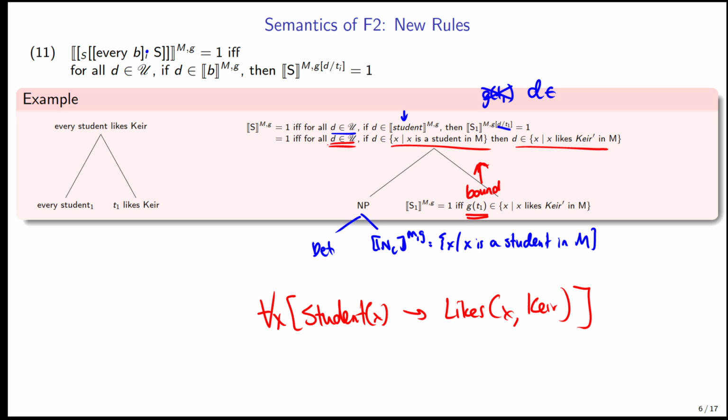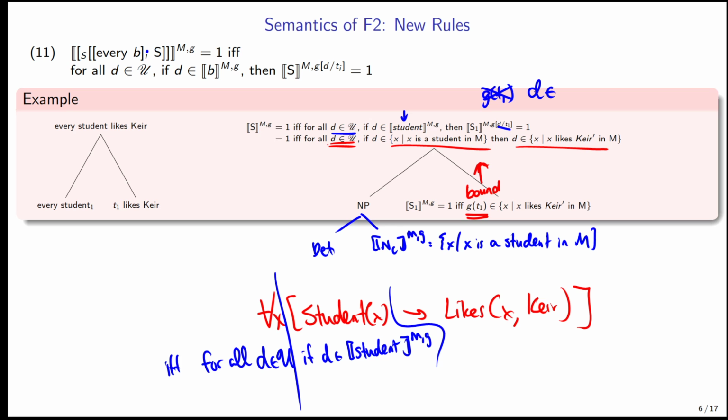Now what we're saying here is, and I should put this out front, if for all D in our universe, if D is in the meaning of student, or D is in the semantic value of student, which happens to be a set, then D is in the set of X, such that X likes Kier in M.